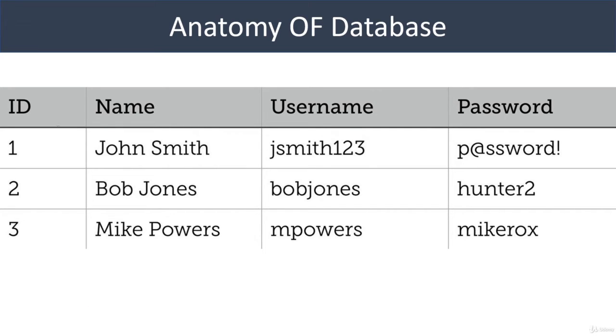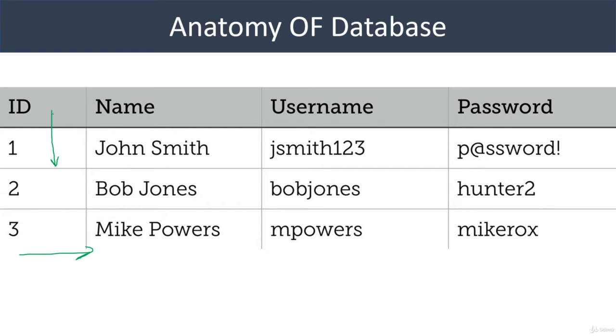These are the columns and these are the rows. We have 4 columns in this table, and 3 rows, because we will not consider the header as a row. This is how it looks.